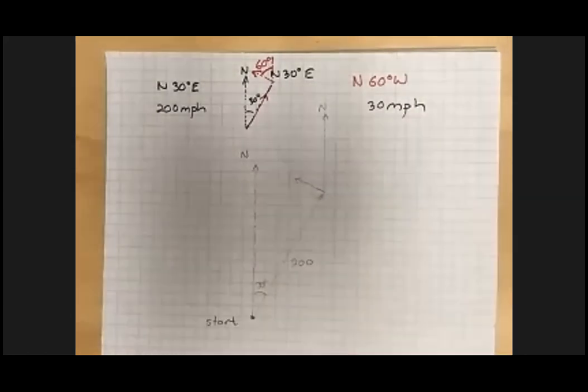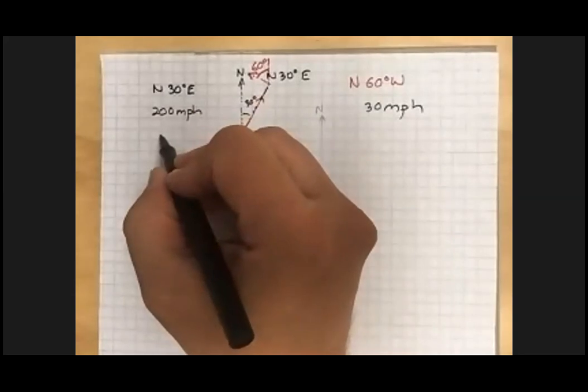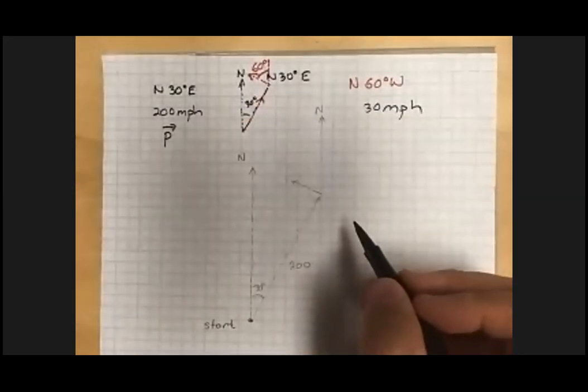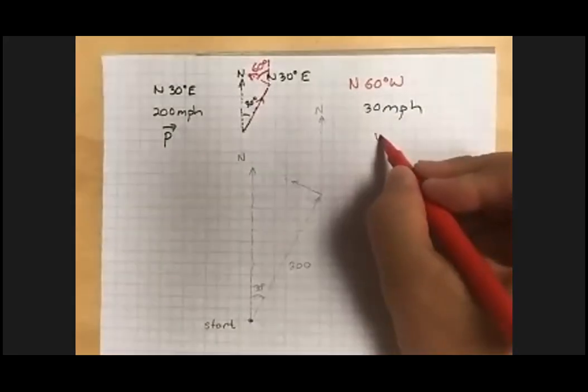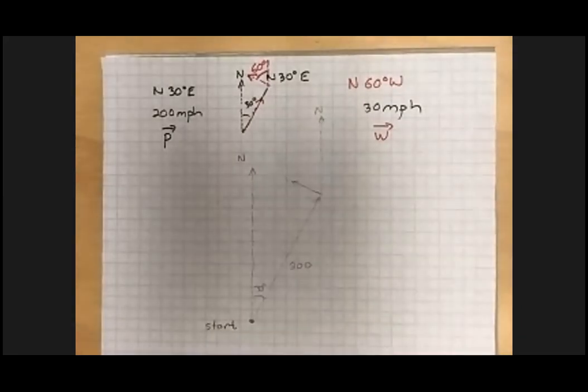Not exactly, but let's call it that. Let's call the vector of the plane's motion P, P for plane. Let's call the motion of the wind W, W for wind. Sometimes you name things to help you remember what they stand for.